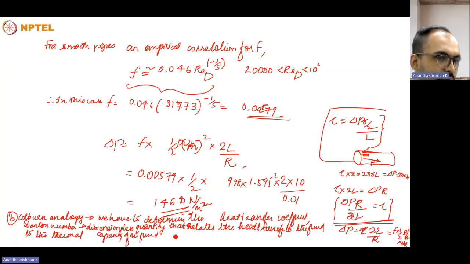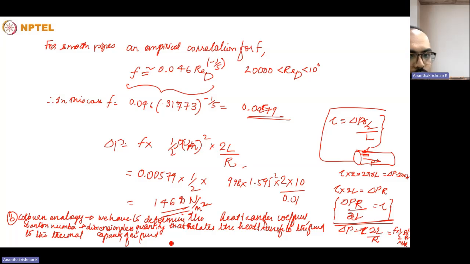So the Colburn analogy equates the Stanton number and the Prandtl number, as well as the friction factor. The Prandtl number is the ratio between the momentum diffusivity and thermal diffusivity. So effectively, it is the bridge between the Stanton number and friction factor.